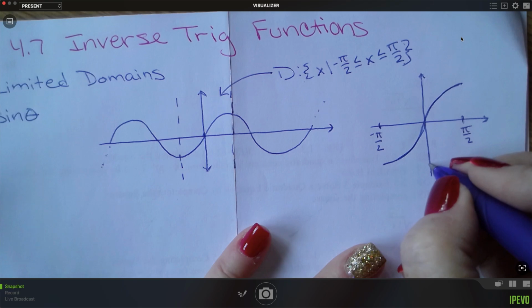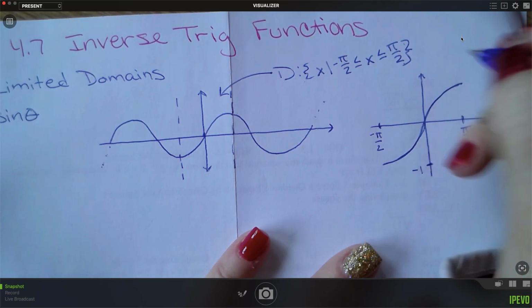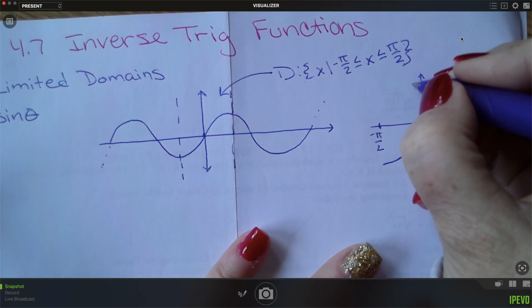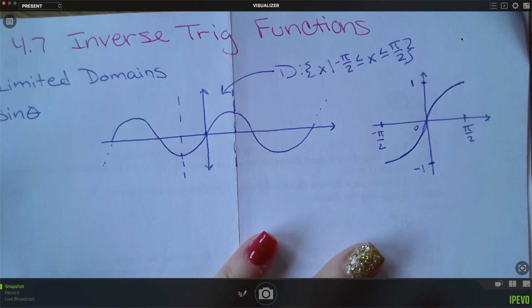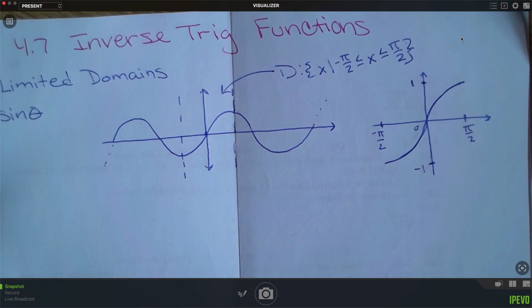And then we still have to mark what? Negative 1, positive 1 and 0. But that gives me every single sine value at one time, right? It doesn't give it twice, it only gives it once.